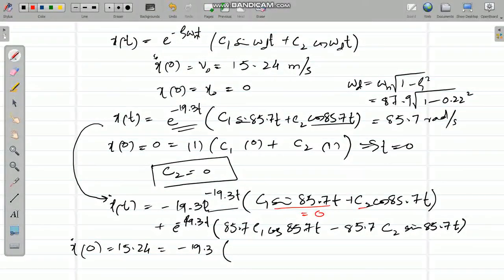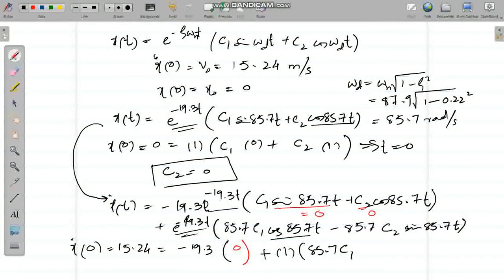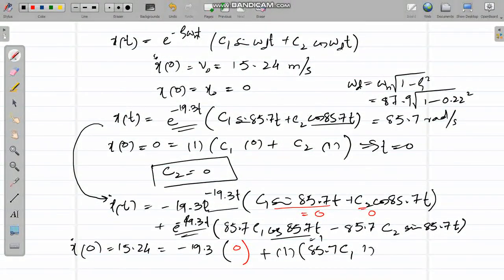The C2 is 0, so this whole term goes to 0, plus this goes to 1, so 85.7 C1, and minus 85.7 C2 is 0, so everything goes to 0. So what you end up with is 15.24 equals 85.7 C1.